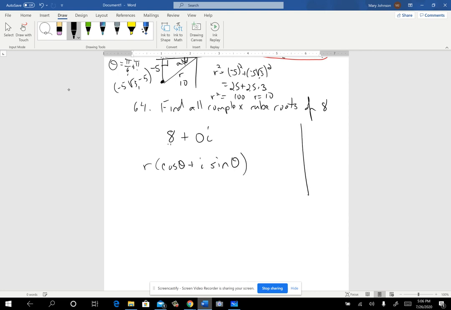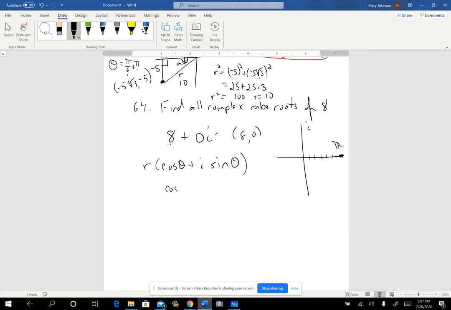So think about where you're at if you're at 8, 0. This is kind of like the point (8, 0) in the complex plane. So here we would be over at (8, 0). All right, so we can get the argument of that. The argument of that is going to be 0. Okay, so we know theta is 0.